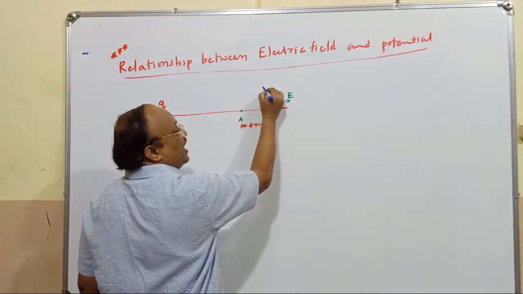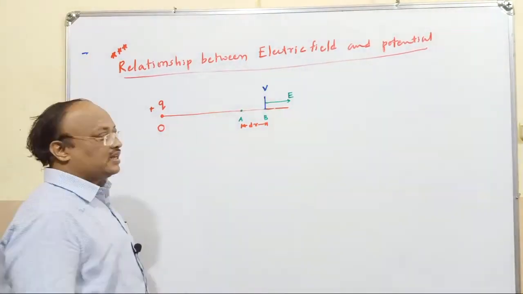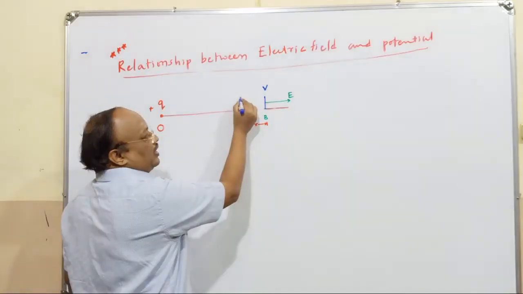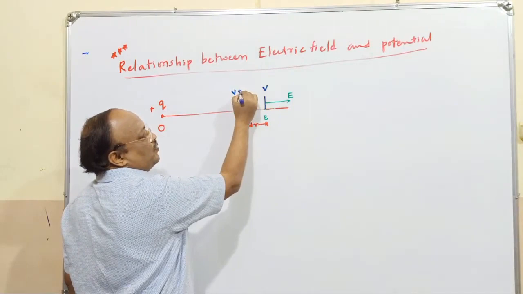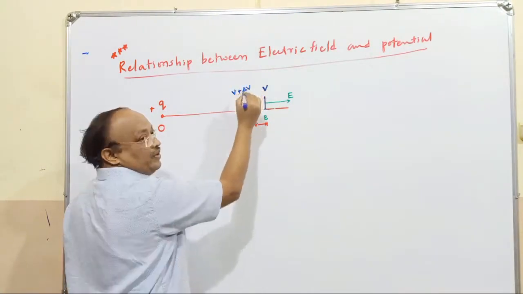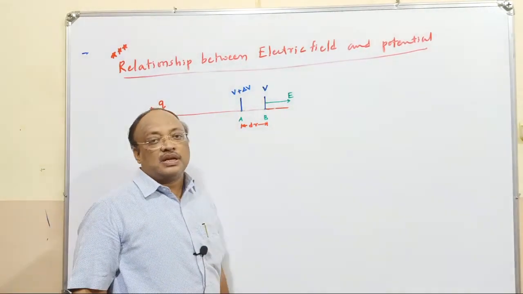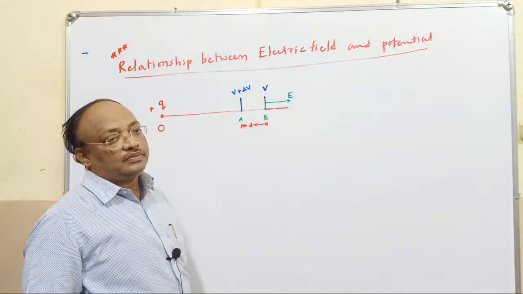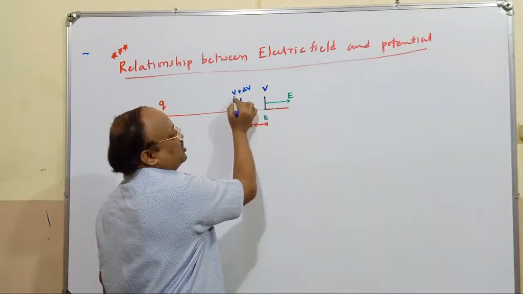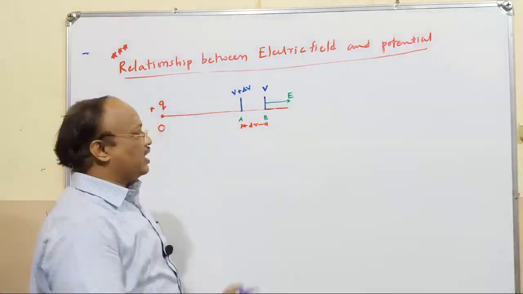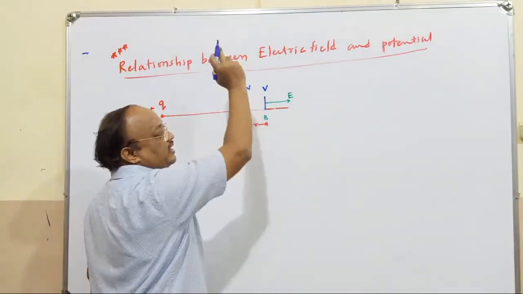If I take the potential at B as V, at A it is V plus delta V. As we move towards the charge, the potential increases.